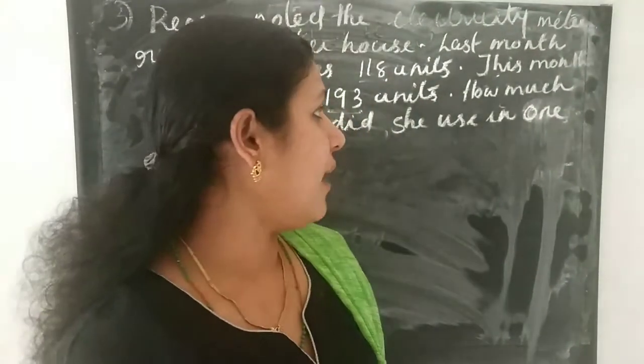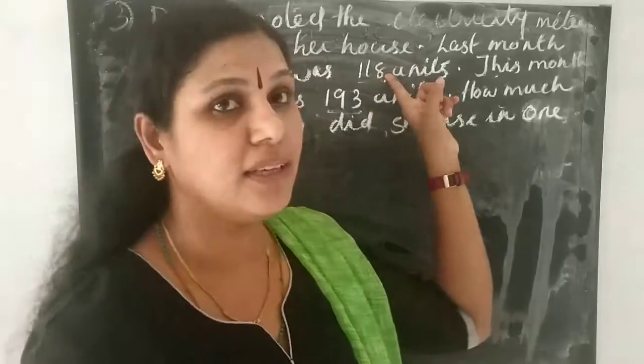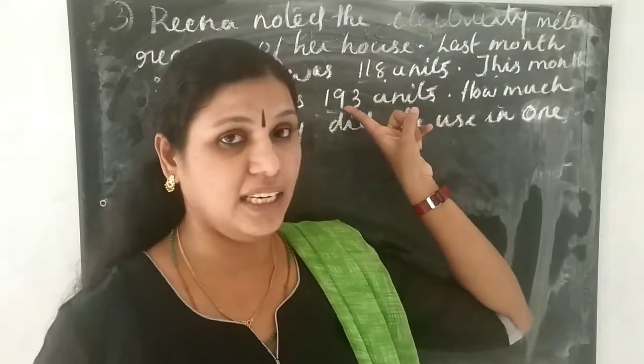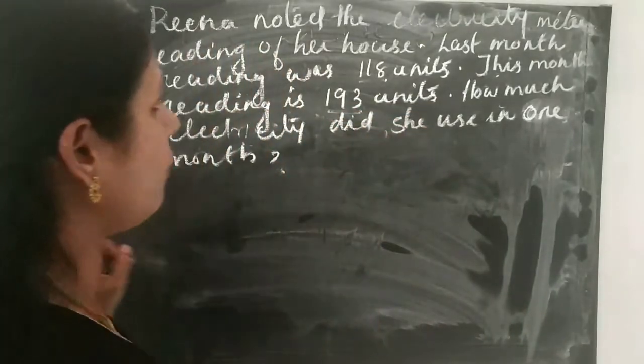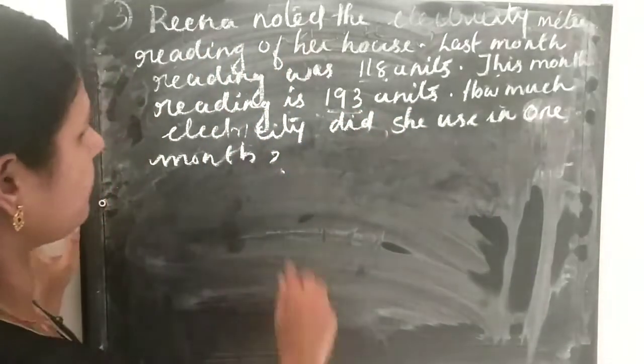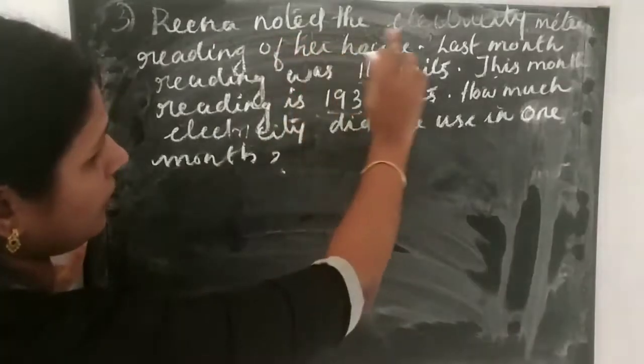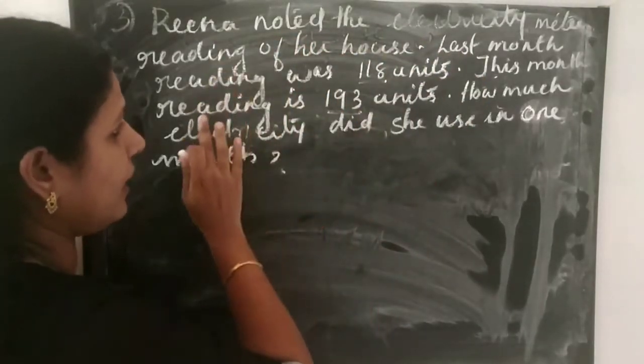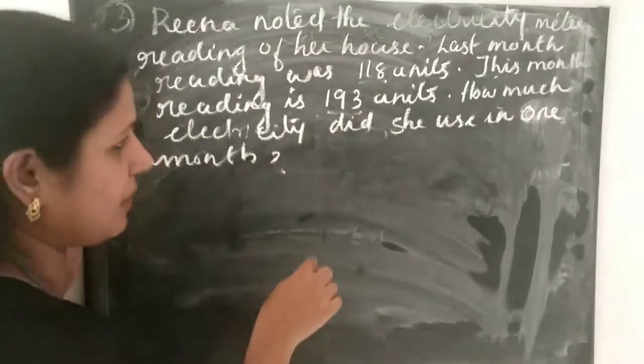So we have to subtract this 118 from this 193. Okay, so we need the steps, that is the electricity used in the last month and the electricity used in this month.